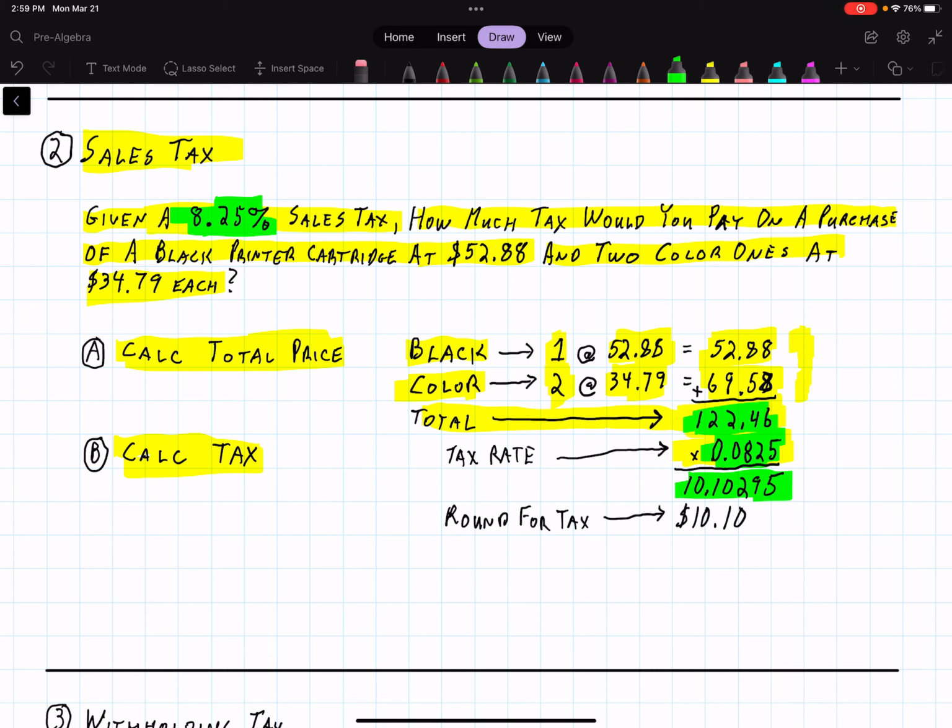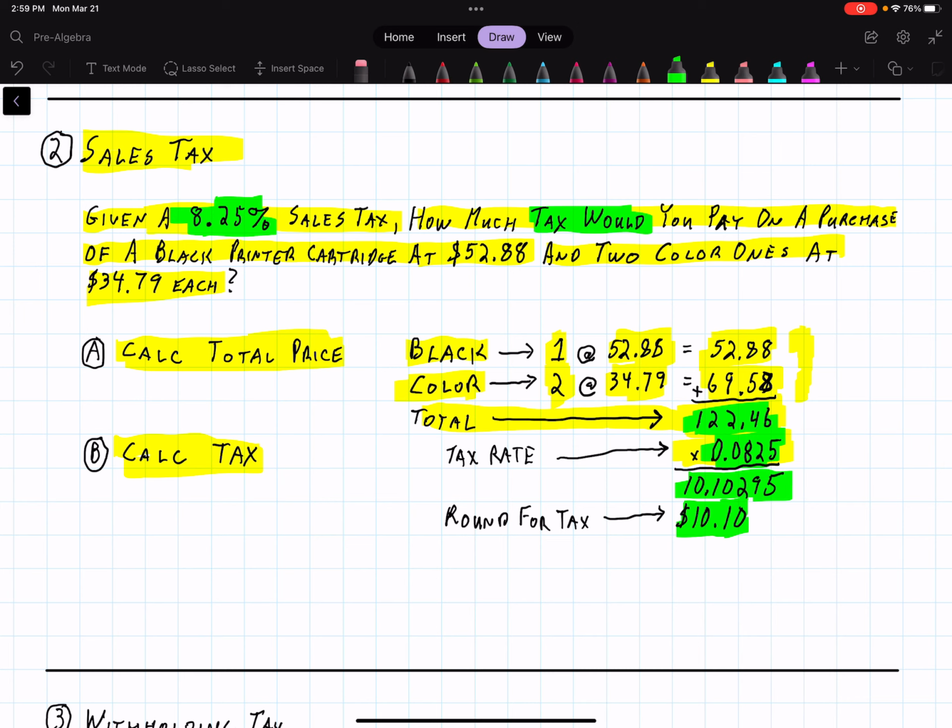$10.10295. So that rounded, the 2 doesn't go anywhere. We round it to the nearest penny. We have $10.10. So how much tax would you pay on a purchase of those two? $10.10.